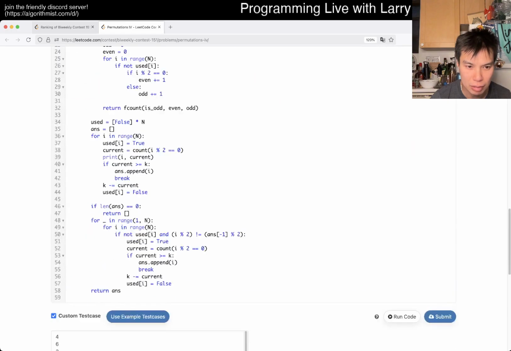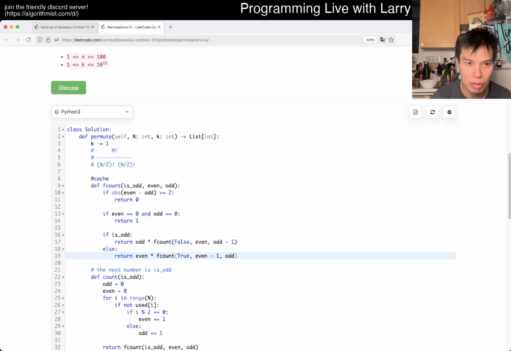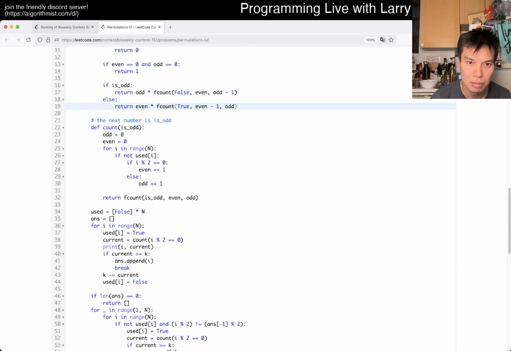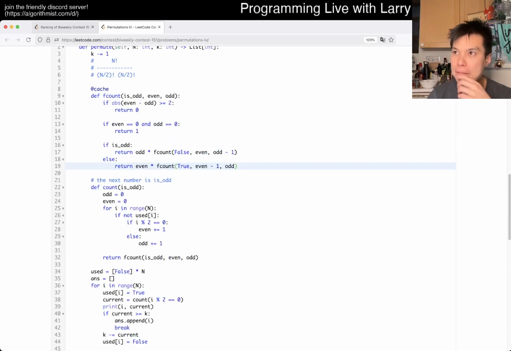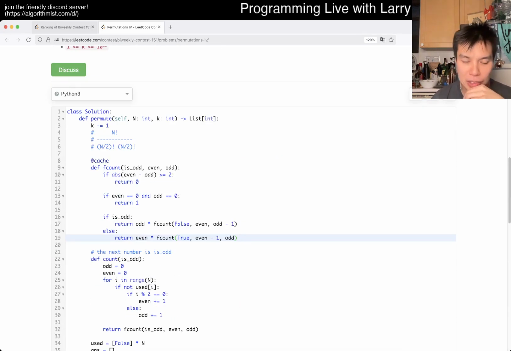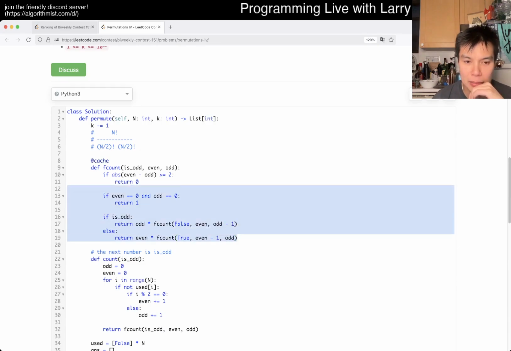What's the answer? I mean, it's wrong, but there's a weird impossible case that I'm not handling here. I was feeling a bit off on this one. Well, that's fine.